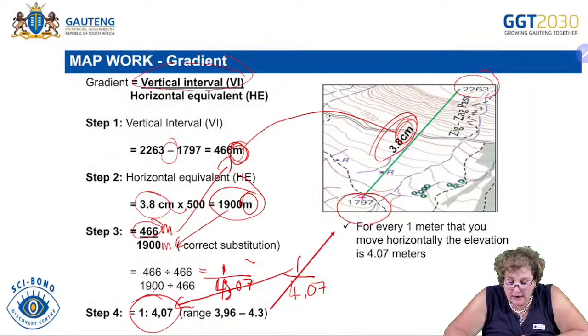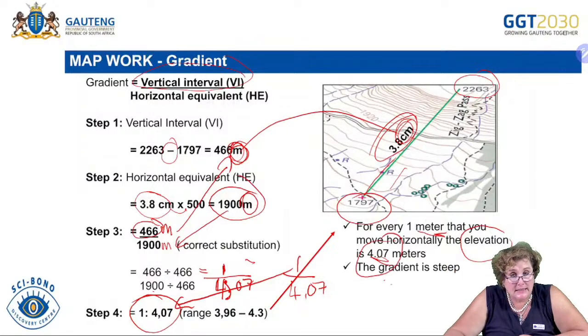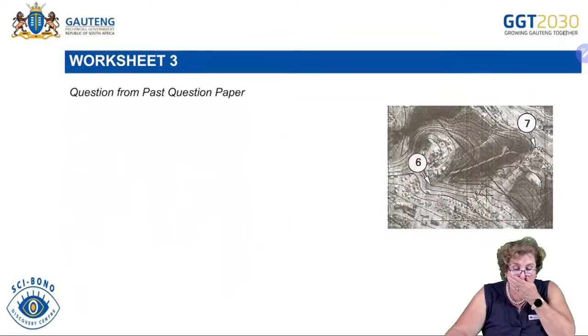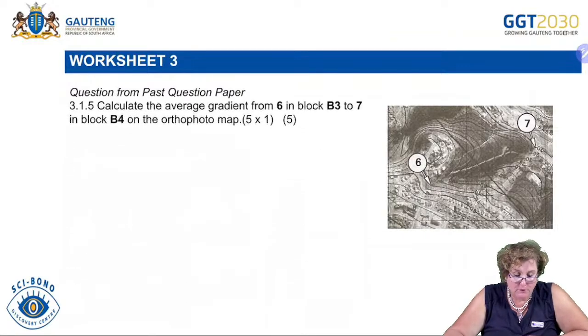For every 1 meter that you move horizontally, the elevation is 4.07 meters. Every 1 meter that I walk, my slope will increase by 4.07 meters. The question now, is it steep or gentle? It is steep.